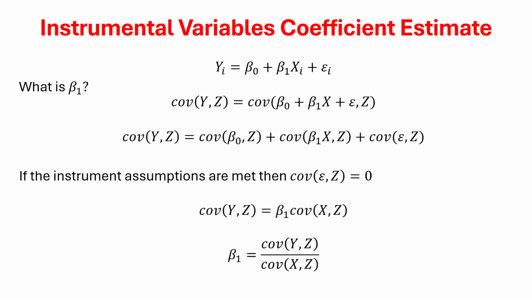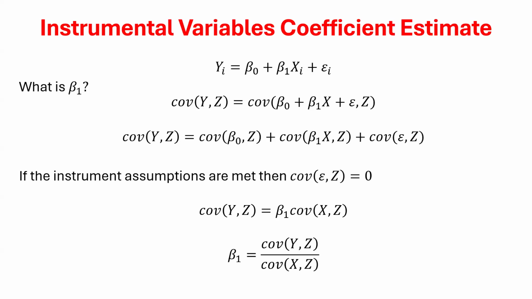I have to plug this in down here. Covariance of X with Z over the variance of Z is equal to the covariance of Y with Z over the variance of Z. If I rearrange this equation a little bit, they've got the same denominator. I end up with my estimate from that second stage regression being the covariance of Y with Z over the covariance of X with Z.